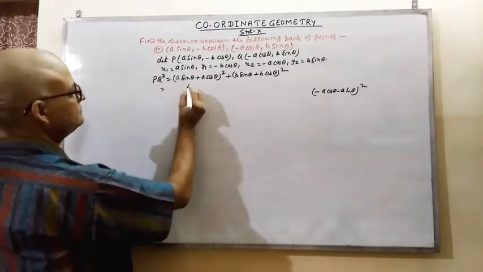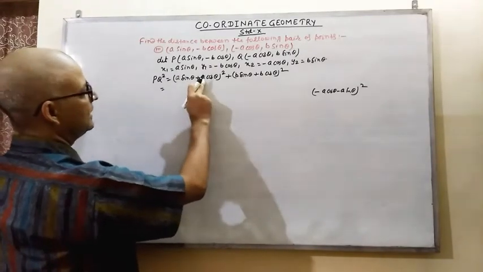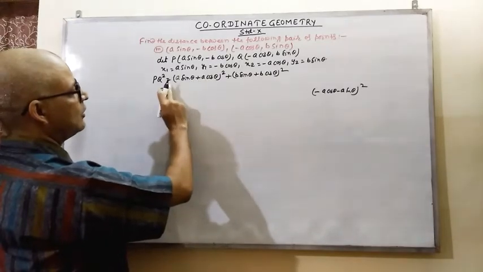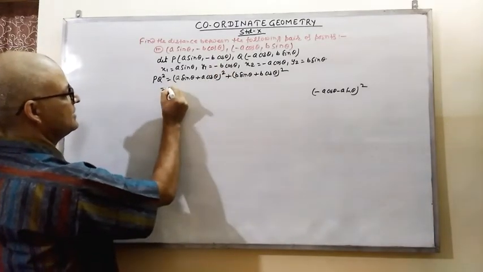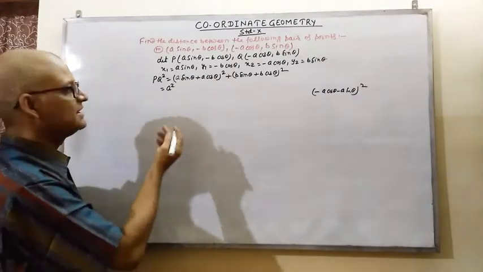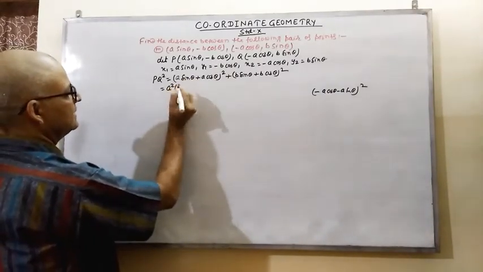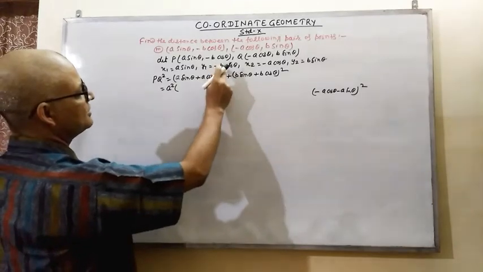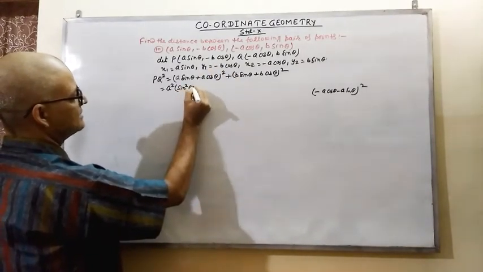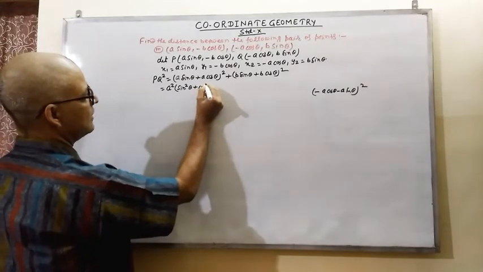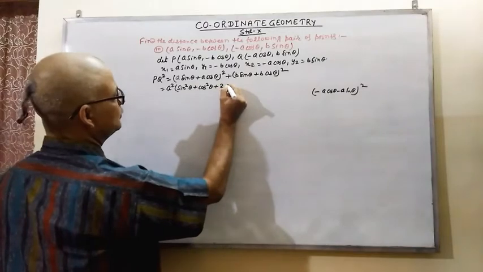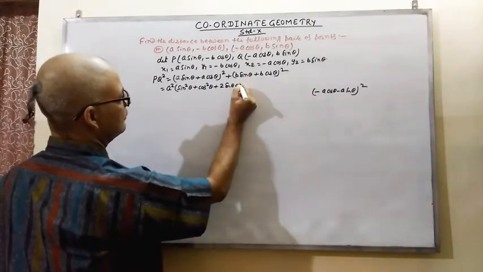Now a common. So first you take a outside. When you take a outside, here it is square, so it remains a square. From the square, if you take it common, then the square will be outside. Then it becomes sin theta plus cos theta whole square. So that can be written as sin square theta plus cos square theta plus 2 sin theta cos theta.